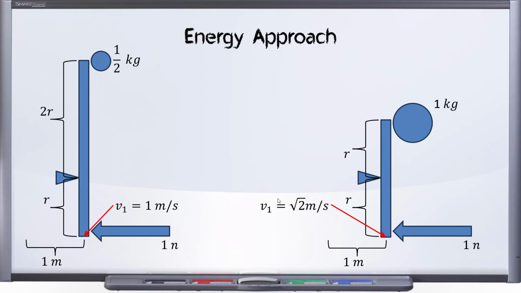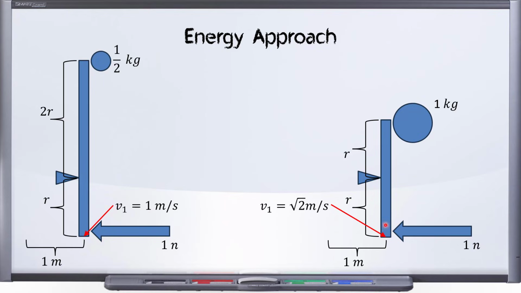And there's your answer. As predicted, the energy approach tells us that the velocities that we get where our rocket is pushing on the lever are not equal. This is the square root of 2, which is approximately 1.4 meters per second on this side, whereas on this side, we get 1.